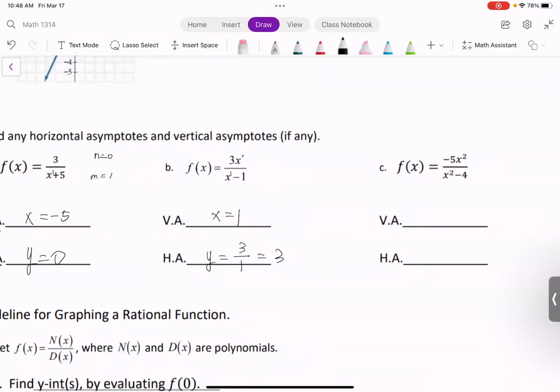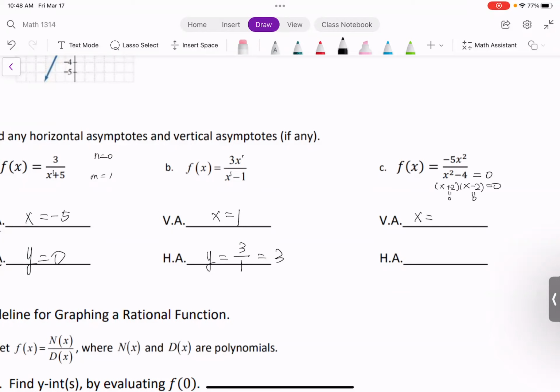And next one, set the bottom equal to 0 to find the vertical asymptotes. X squared minus 4, is that a conjugate formula? Yes, it is. (x plus 2) times (x minus 2) equals 0. First factor equal to 0, second factor equal to 0.